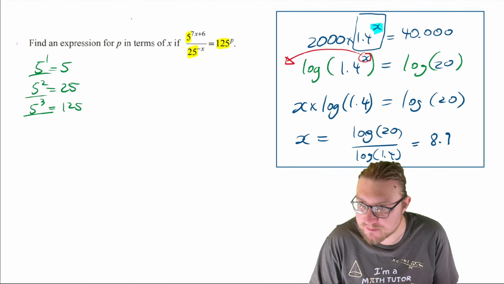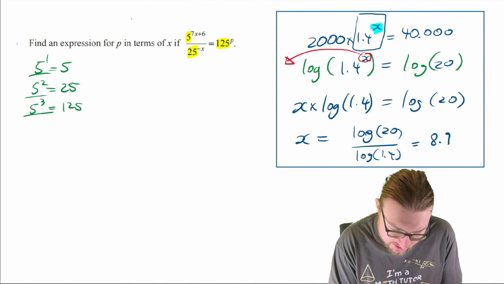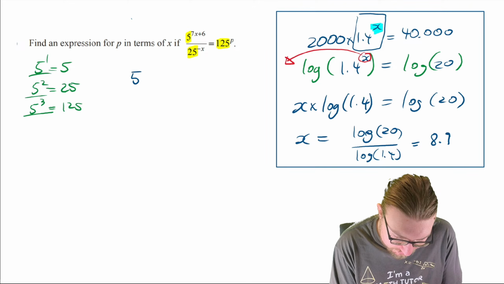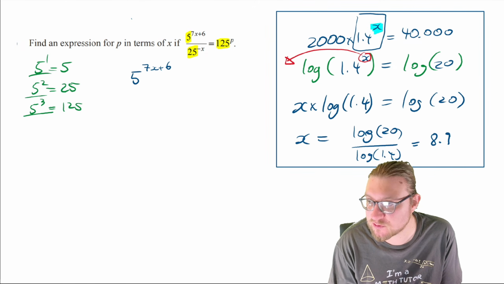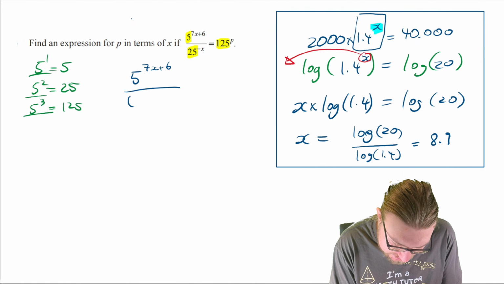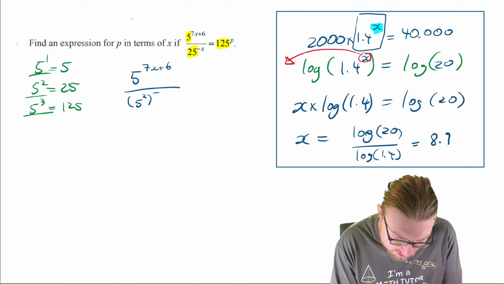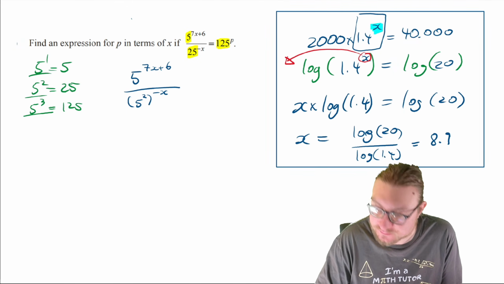Once we have these match, then we know that we can rewrite this equation a little bit. So at the top, we're going to get 5 to the power of 7x plus 6, because 5 to the 1 is very boring. But then at the bottom, we're going to replace 25 with 5 squared, all to the power of negative x.